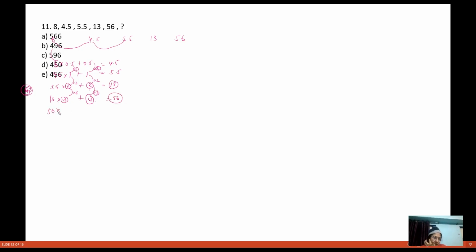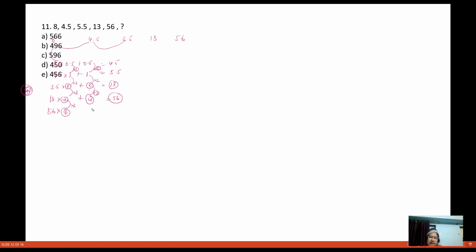Now 56 into 5, 56 into 5 plus 5 we are doing. So 5 6s are 30 and this is 280. Sorry. So you are getting here 56 into, you have to multiply this by 2.